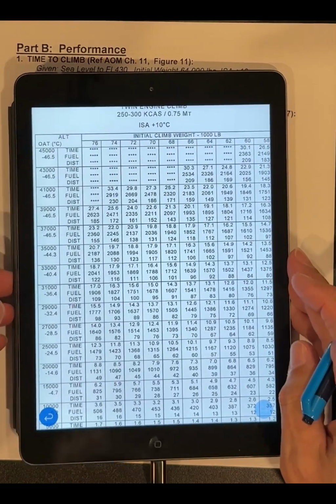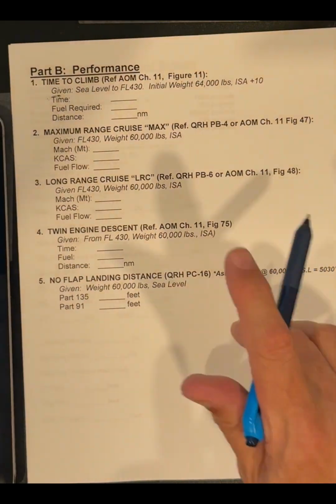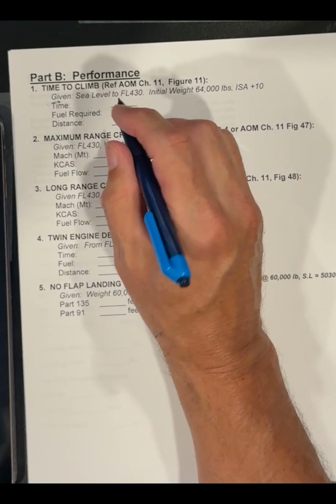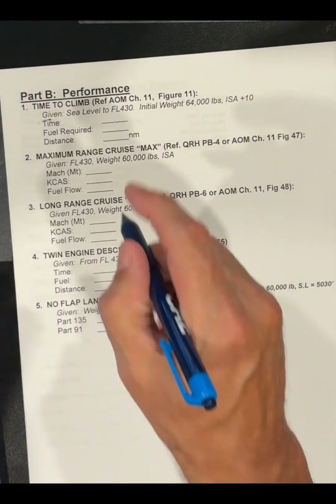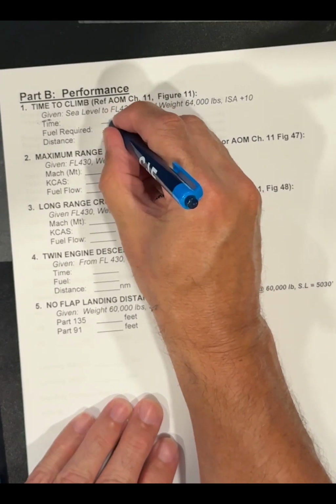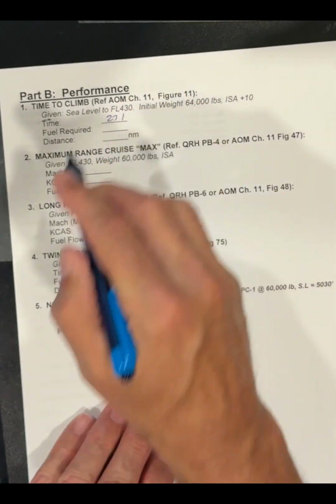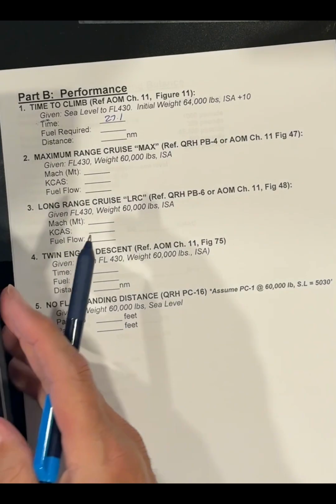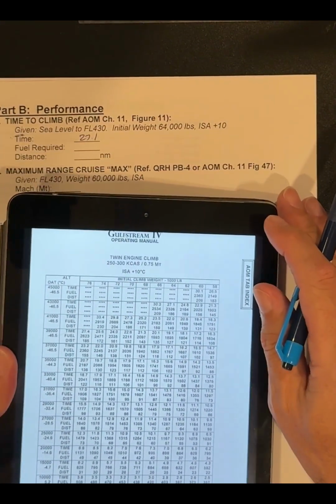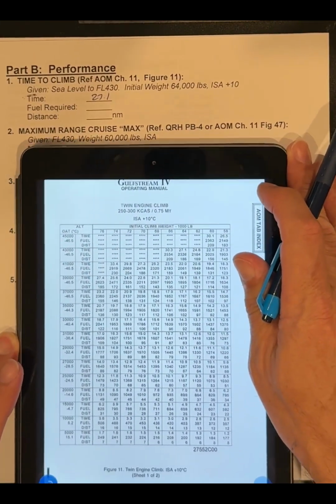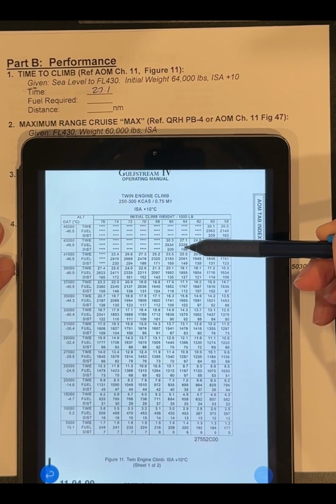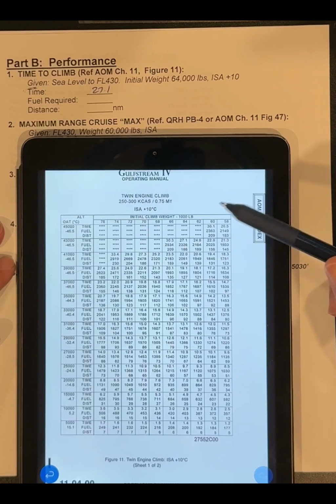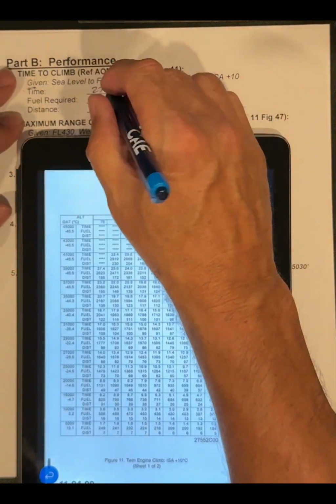So all we're going to do is take that information from the chart and fill it in right here. What was the time? 27.1 minutes. What's the fuel? At 43, it's going to be 23.26, so we're going to put the fuel required, 23.26.